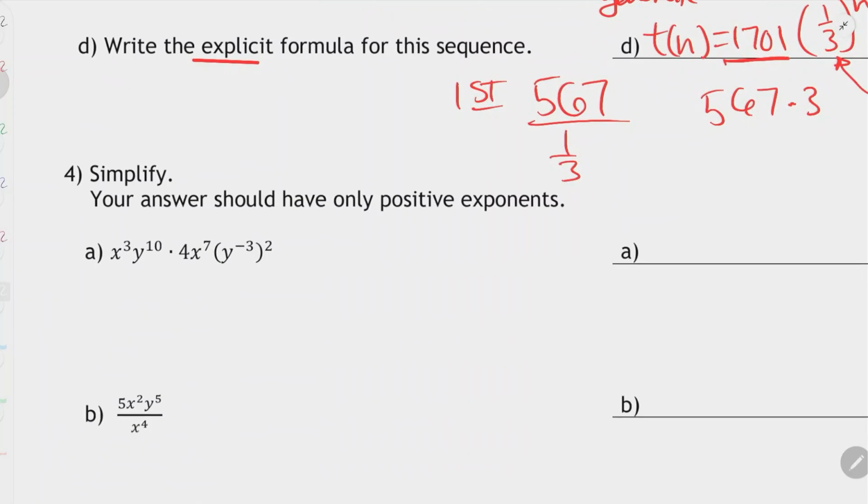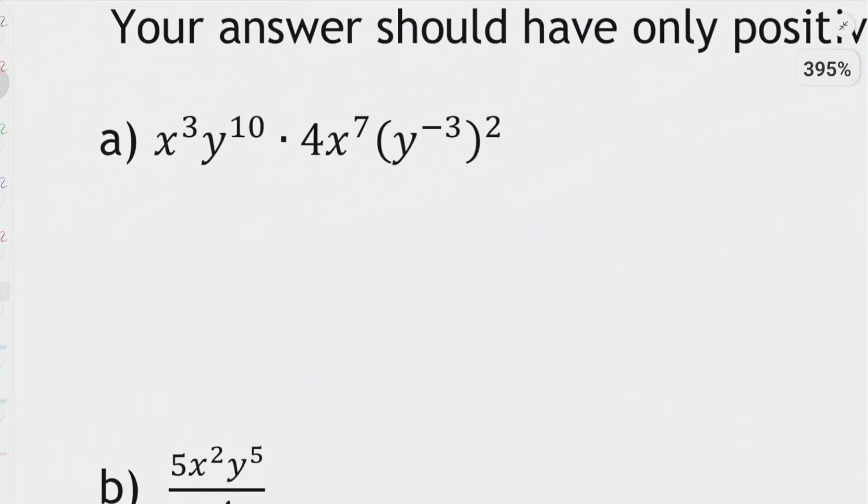Next, simplify. Your final answer should have only positive exponents. So this is a little difficult because I know that when we see things like this dot, we think it's something times something else, and these parentheses confuse us too. But I just want you to look at it and say, hey, there's just a whole bunch of multiplications going on.